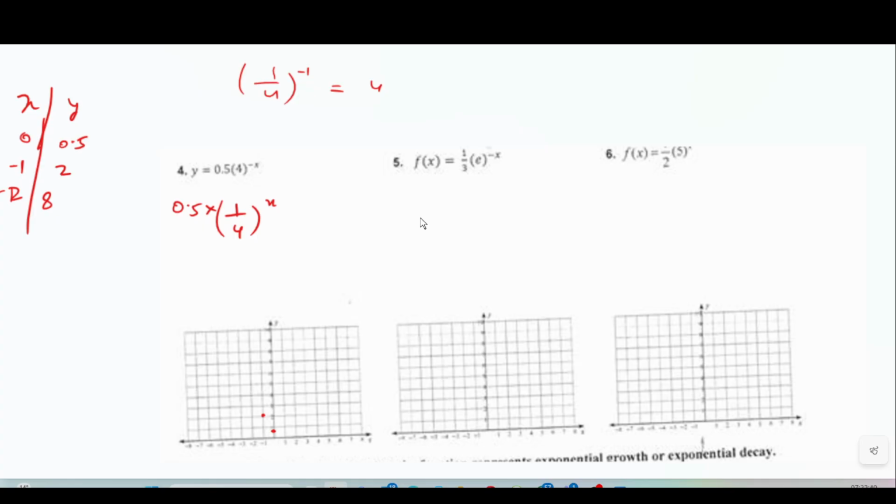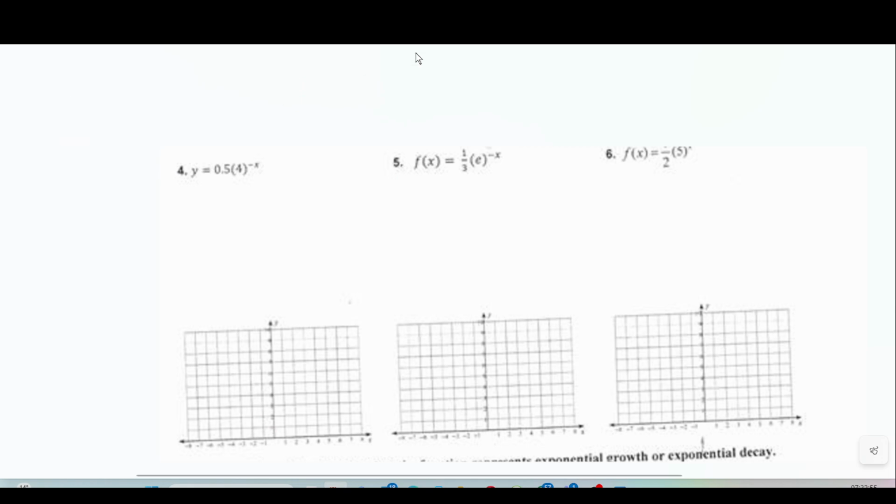So are you done with number 4? Yeah, I graphed it and I have my table of values. Okay, so fifth. Let me explain number 5. So 1/3 e to the power negative x.